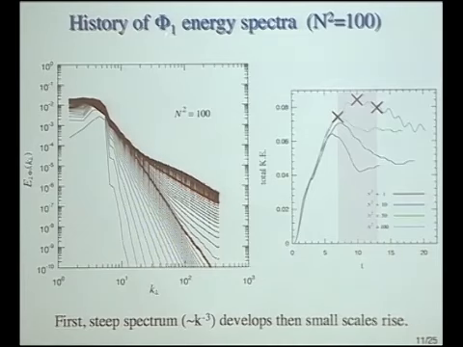Okay. And this is the history of phi1 energy spectra. Phi1 is, as I said, the wave vortices, horizontal energy spectra when N square equals 0 and N square equals 100. So I accumulated all energy spectra, showing the development of energy spectra.